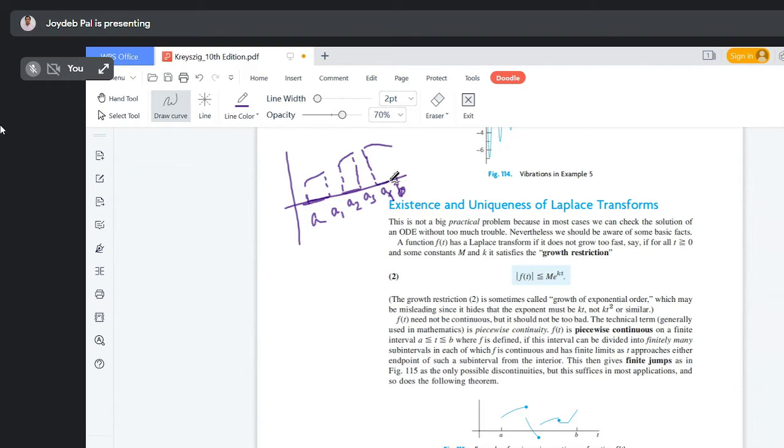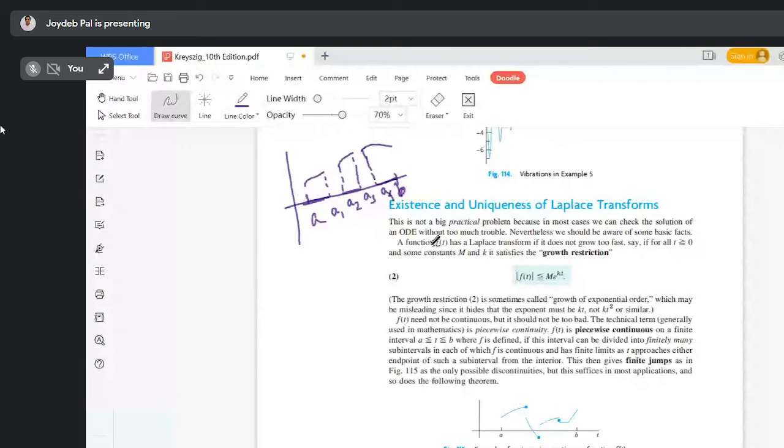In the interval A4 to B it is also continuous, right? Yes, sir. So what we can see is that the function is not continuous throughout the interval AB, but in some sub-intervals of AB, it is continuous. So if this happens for a function, then it is called piecewise continuous.